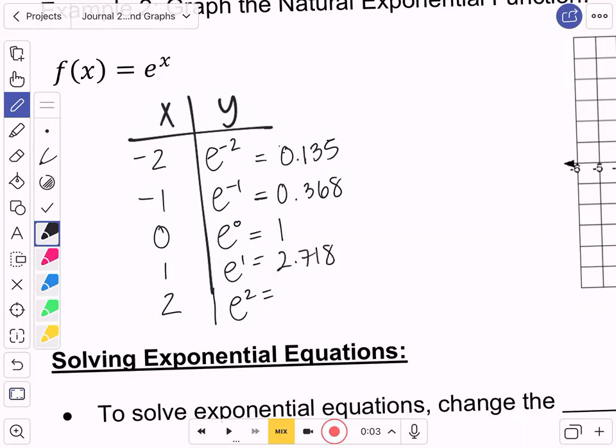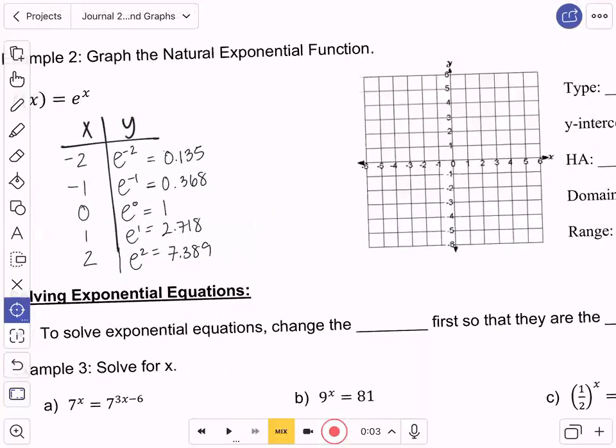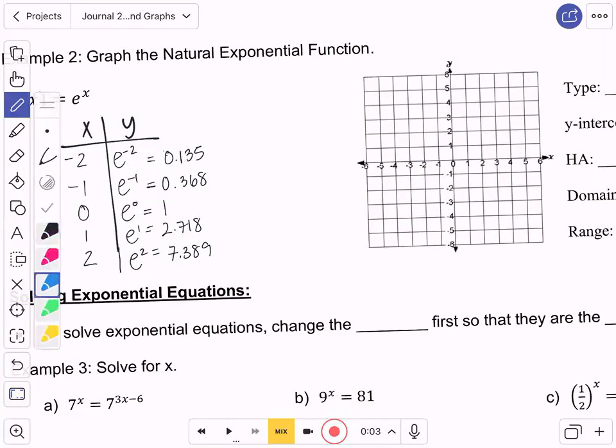We're going to plot these x and y values to see what e's graph looks like. At -2, it's about 0.135, so a tiny bit higher than zero, but not quite half. At -1, also, it's a tiny bit higher. At 0, it's at 1.